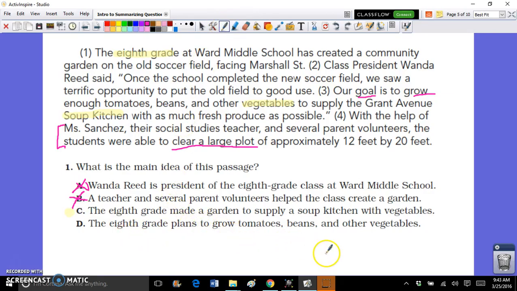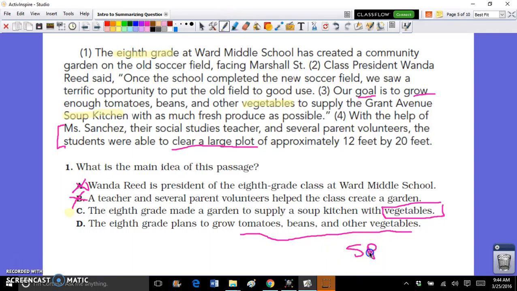The 8th grade plans to grow tomatoes, beans, and other vegetables. Yeah, that is true. But if I compare answer choice C and D, answer choice C is actually saying the exact same thing as D. D is giving you the specific vegetables they're growing, and C is just using the term vegetables, which is still pretty much the same thing. If anything, mentioning the specific vegetables becomes too specific for a central idea.